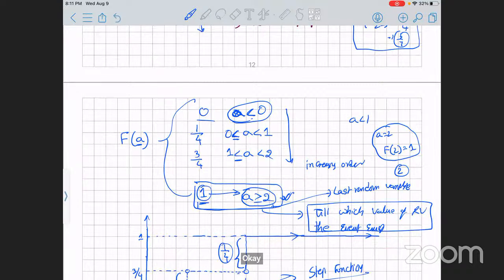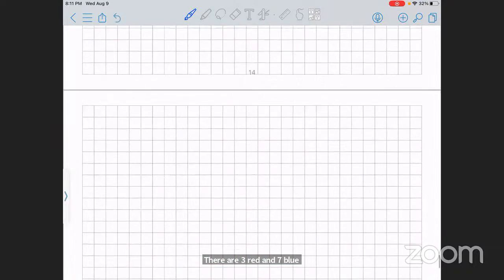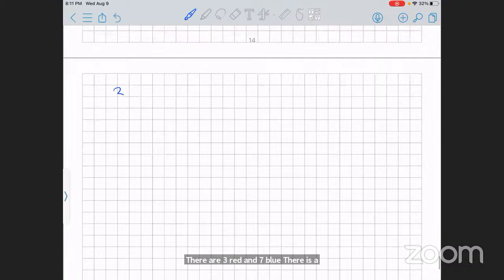Look, there are 3 red and 7 blue balls in a bag. 3 balls are randomly selected.